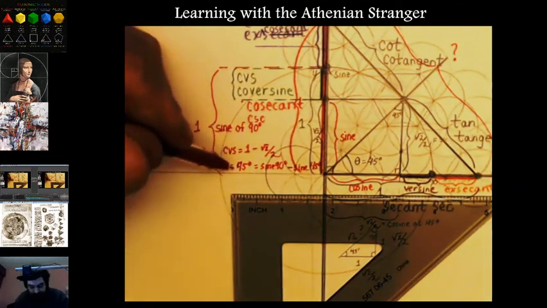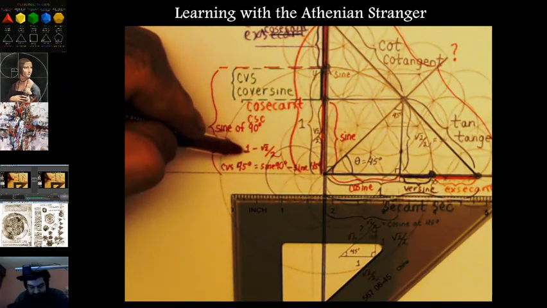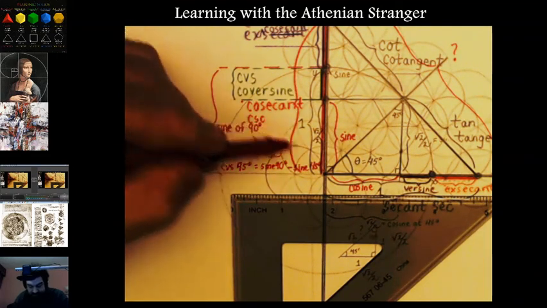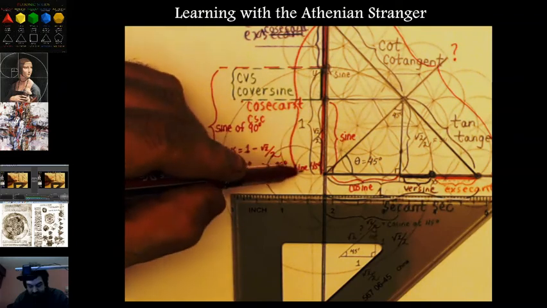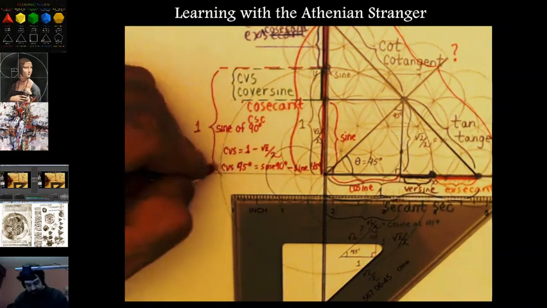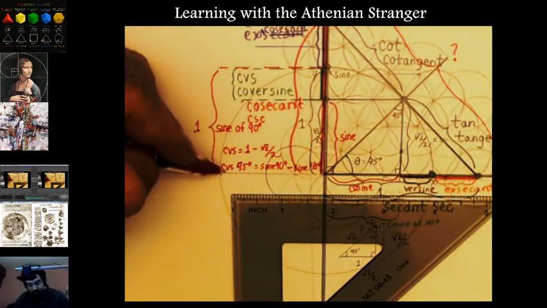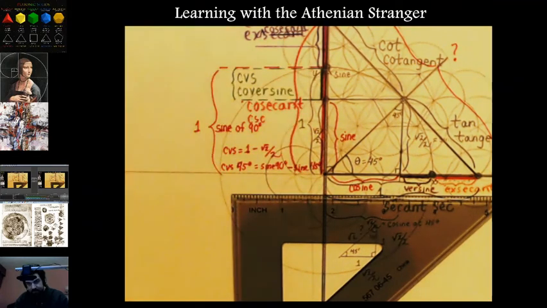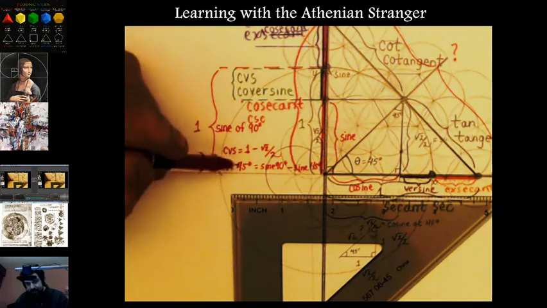Do you see why? Because the 1 is the sine of 90 and the square root of 2 over 2 is the sine of 45 degrees. So there we know the cosine because we know these other 2 points. And that's how we can begin to build.